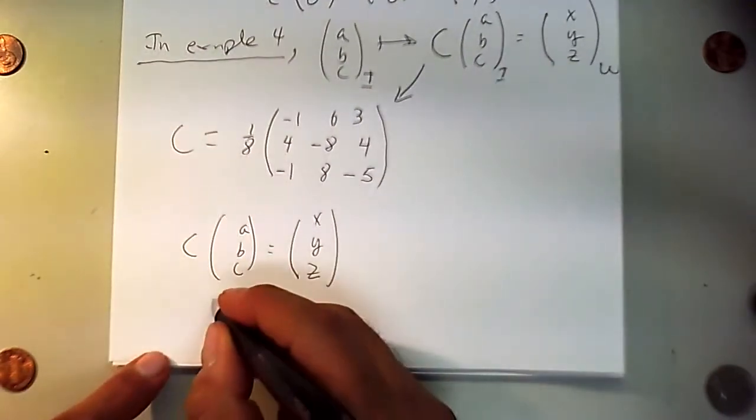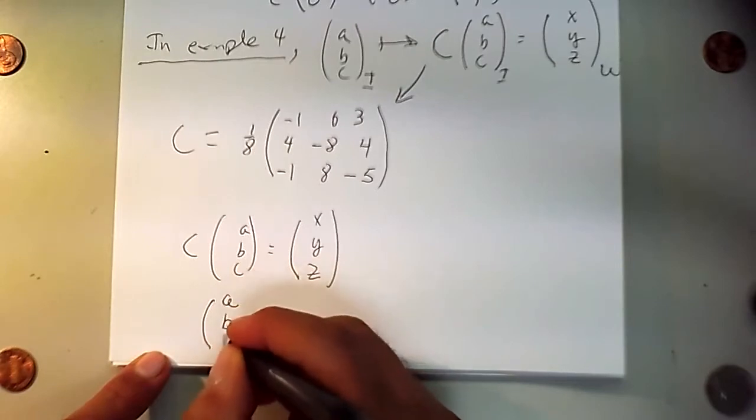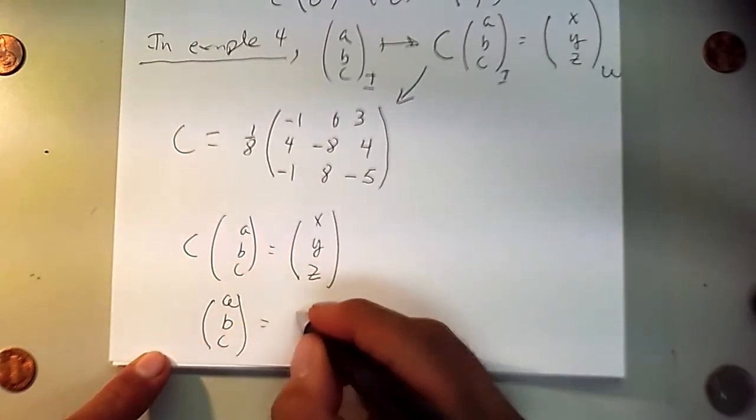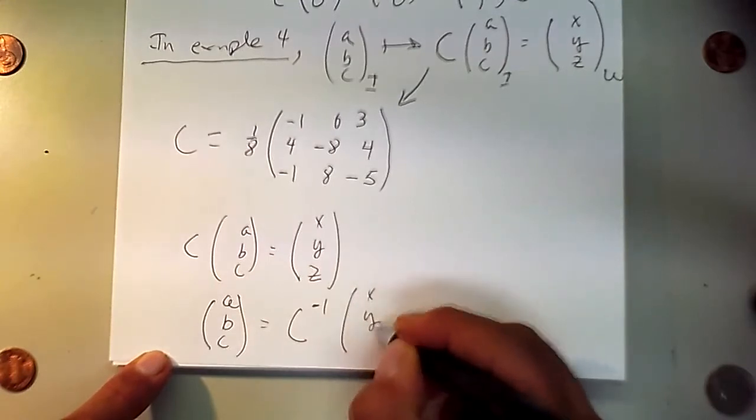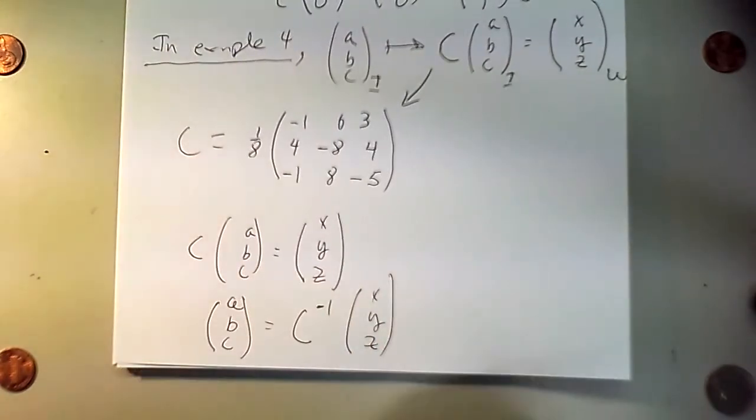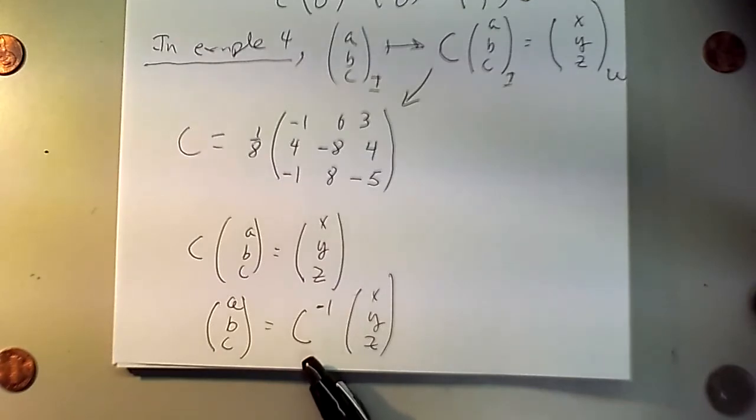Well, what we have to do, literally, is multiply on both sides by the inverse matrix. So once you have one direction, the other direction is fairly straightforward. We have to find the inverse matrix, and that will do.